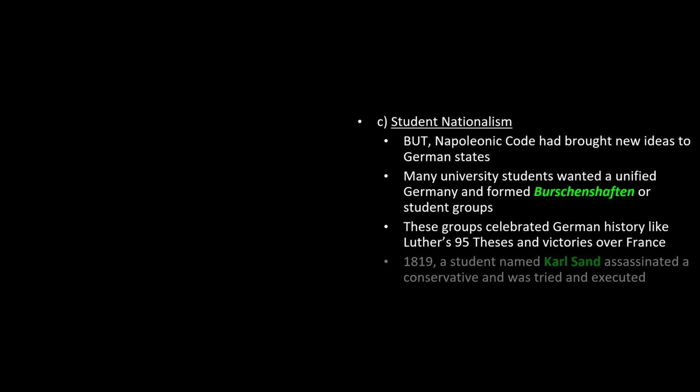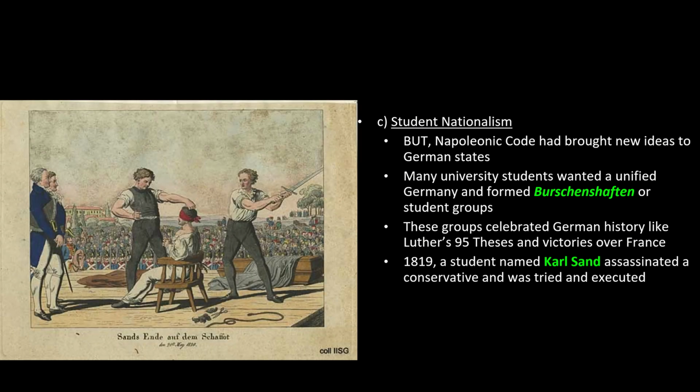Well, guys, all of this comes to a head when in 1819, a student of a Burschenschaften named Karl Sand assassinated a conservative intellectual. And boy, guys, were the conservative governments of Germany freaked out.